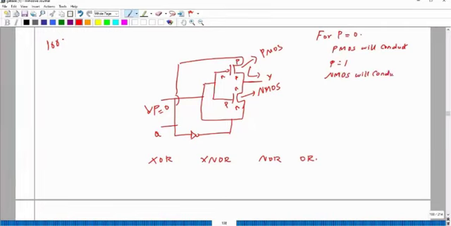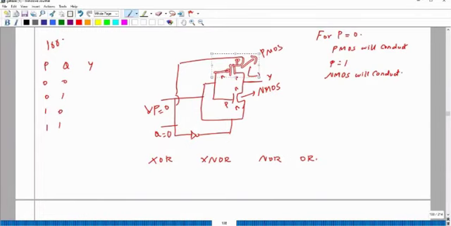First, we will assume P and Q are equal to 0, 0. If P is 0, PMOS will conduct, so the Q value will reach the output, because Q is connected to it.